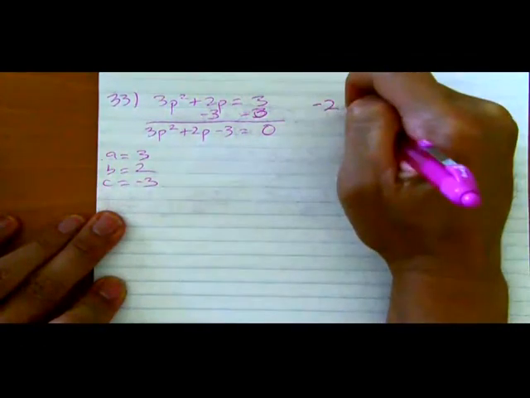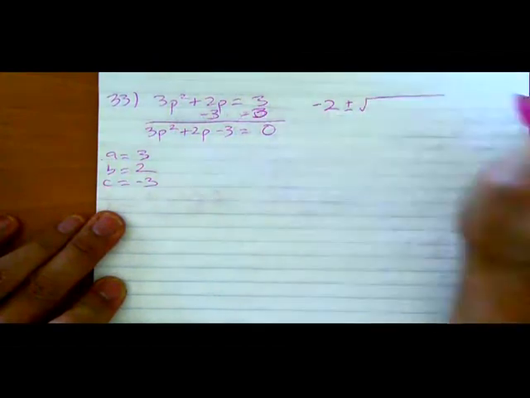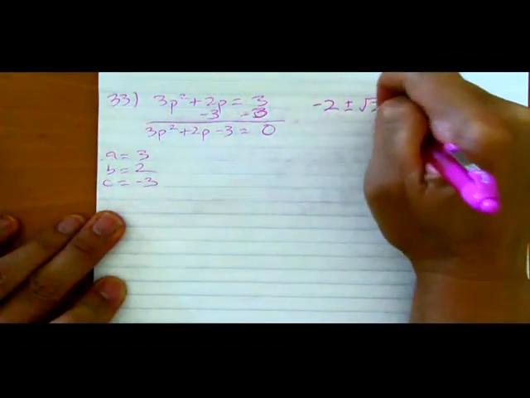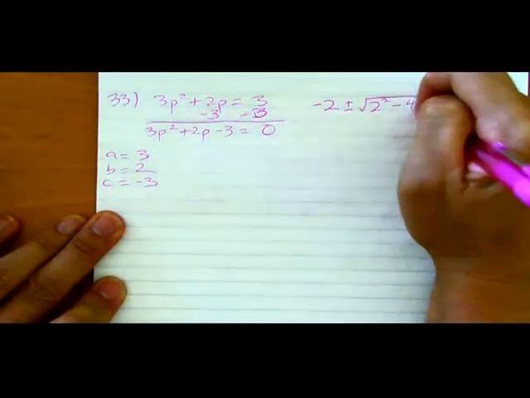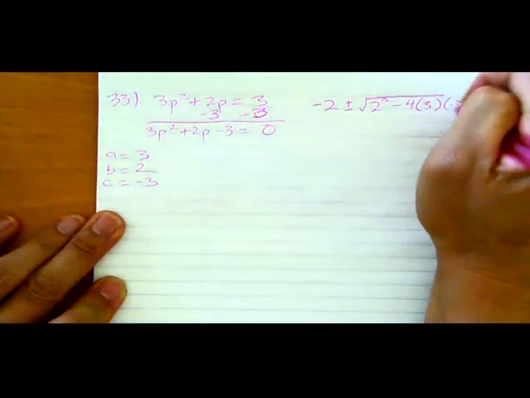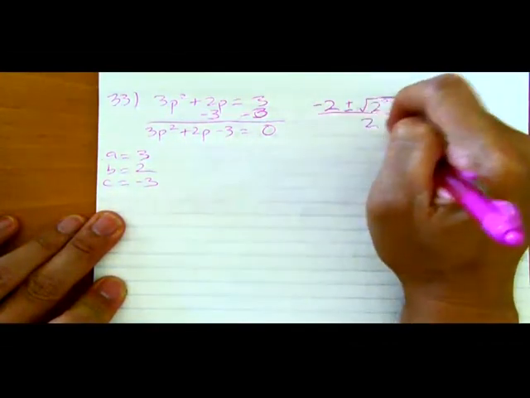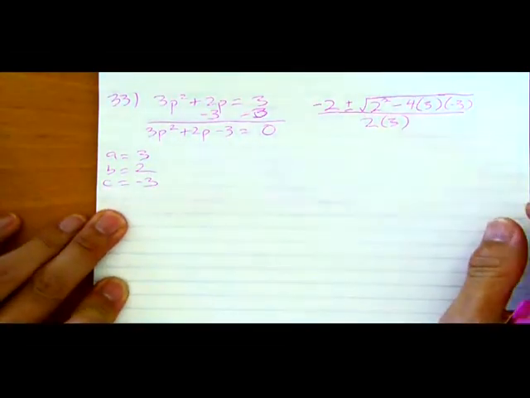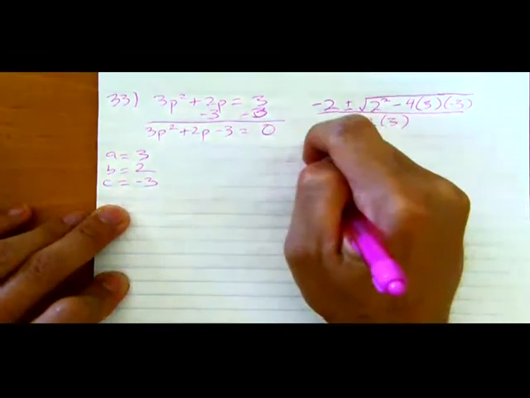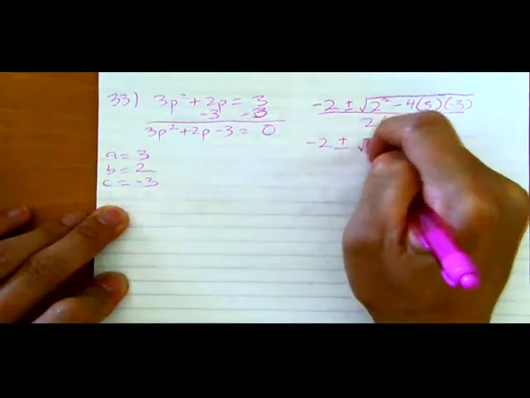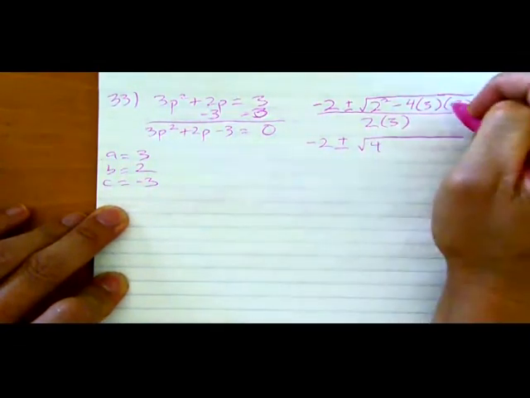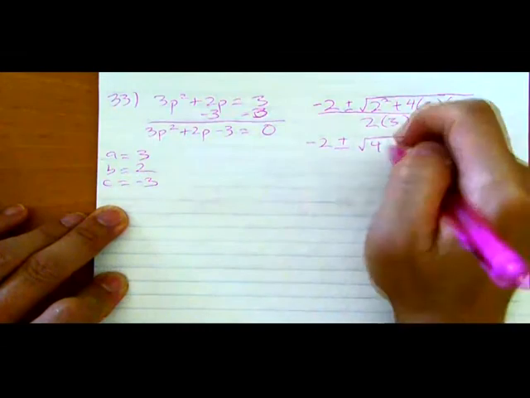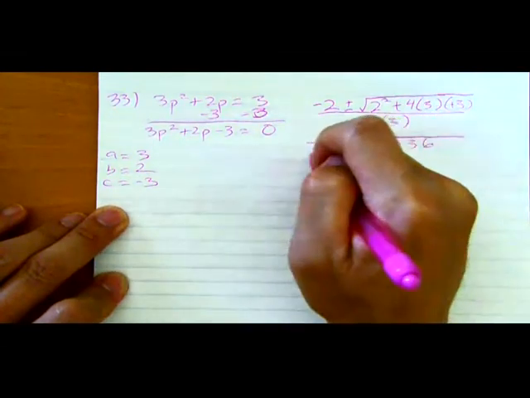Negative b plus or minus radical b squared minus 4ac over 2a. Negative 2 plus or minus 4 plus 36 over 6.